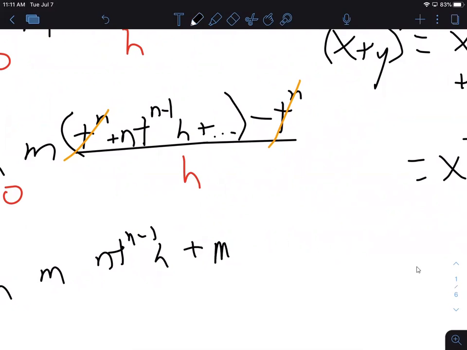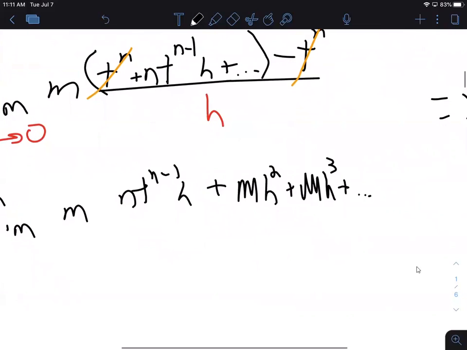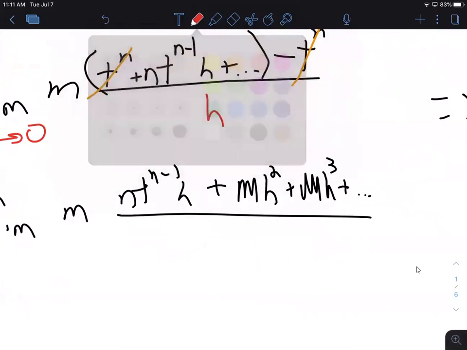So I'm not going to write out what each of these are. H squared plus something, h to the third, yada, yada, yada, over h.